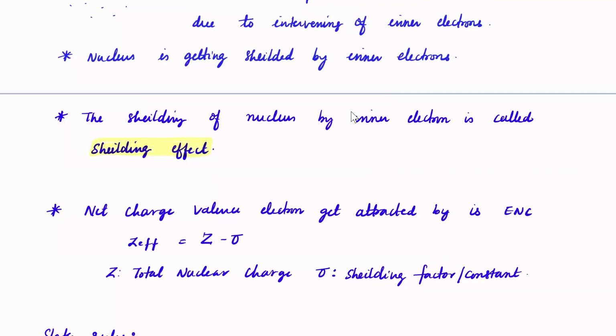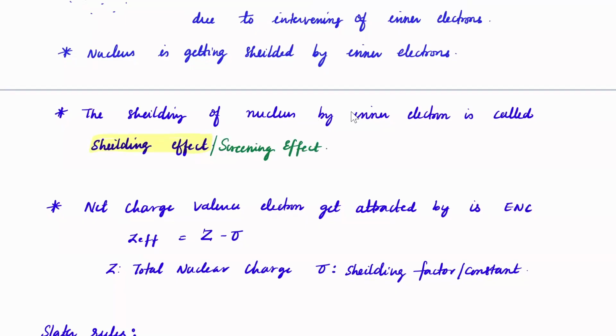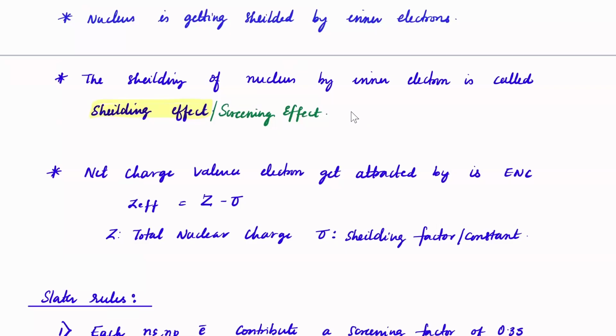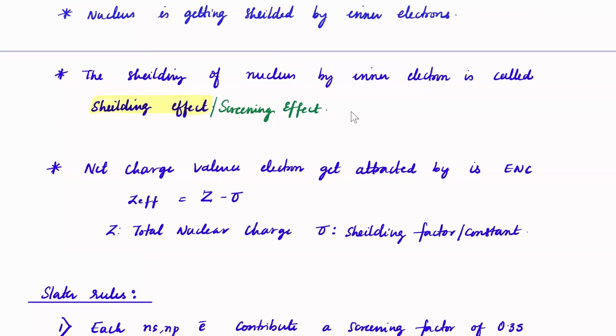The other terminology used is screening effect. Now, if you want to figure out the net charge that an electron actually experiences on the outermost orbit, Z effective will be equal to atomic number minus sigma.